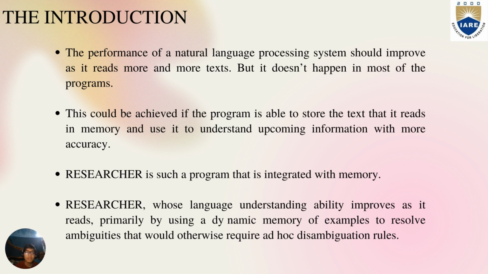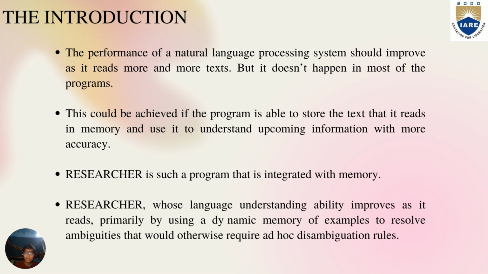The performance of a natural language processing system should improve as it reads more and more text, but it doesn't happen in most of the programs. Virtually all natural language processing systems suffer from the same flaw: reading text does not make them smarter. They are not able to process text better over time, including text that is similar to what was previously read.